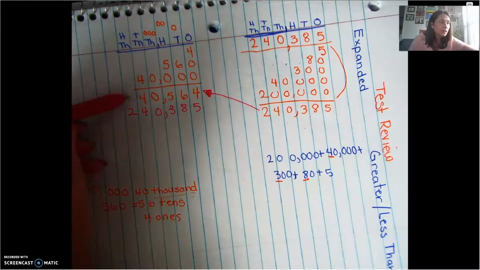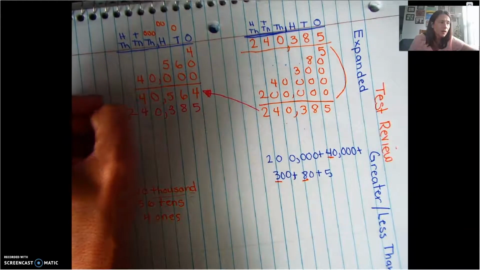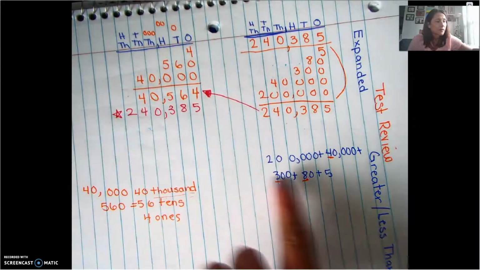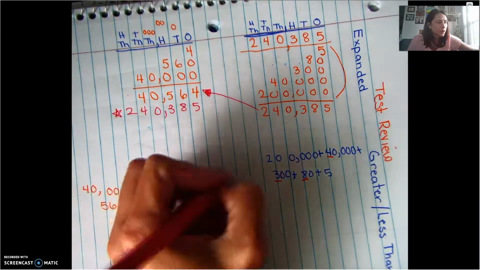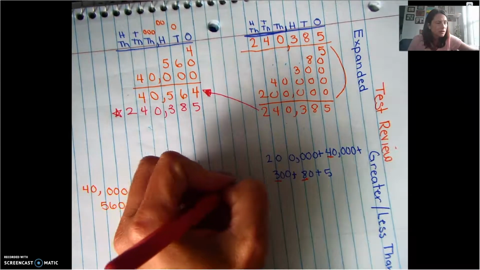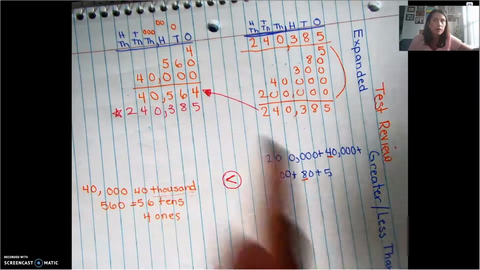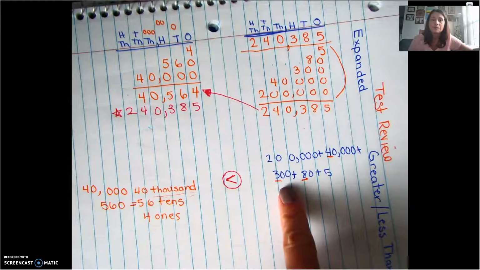Well, that's a 0. That's a 2. So which one's bigger? This one. I don't have to look very much further. That one is bigger. So if we were doing our greater than or equal sign, that means my alligator is eating my bigger number, which is this one. So that one is our greater than.